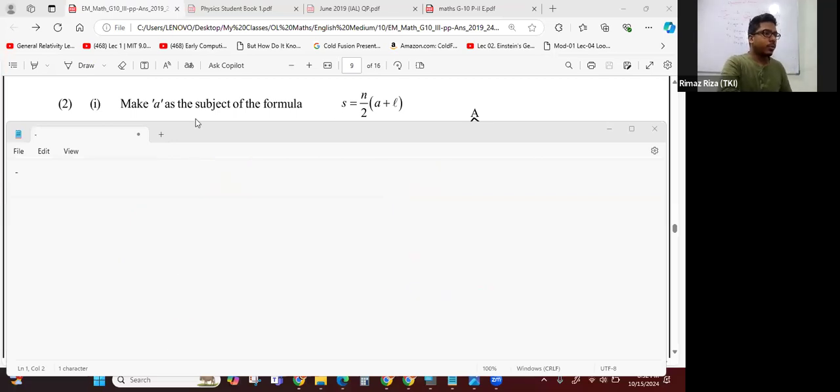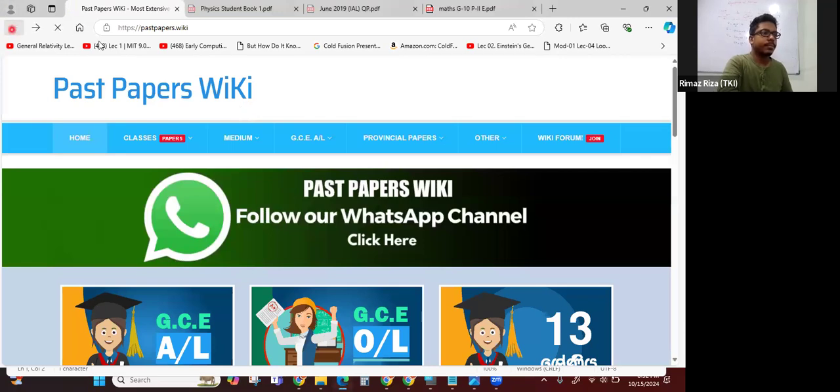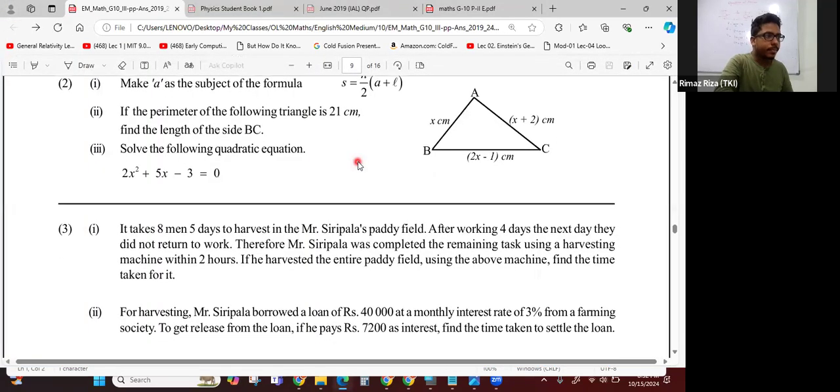Okay, so let's do the next question. If the perimeter of the following triangle is 21 centimeter, find the length of BC. So you want to find the length of BC.